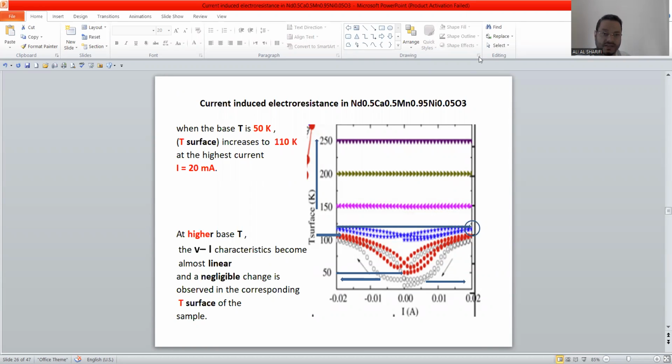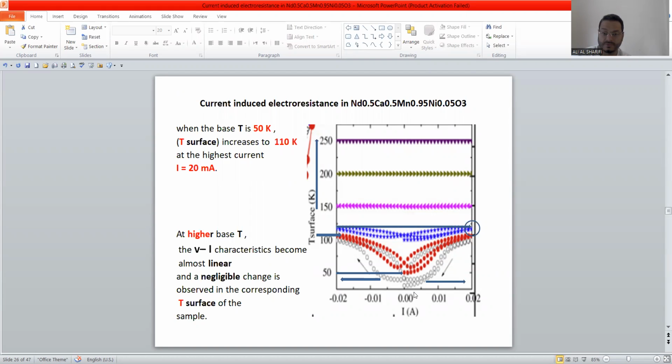Like I said in the previous video, we were talking about and trying to do an appropriate summary of current-induced electric resistance in this component. Now I have this inset plot between current and T surface.